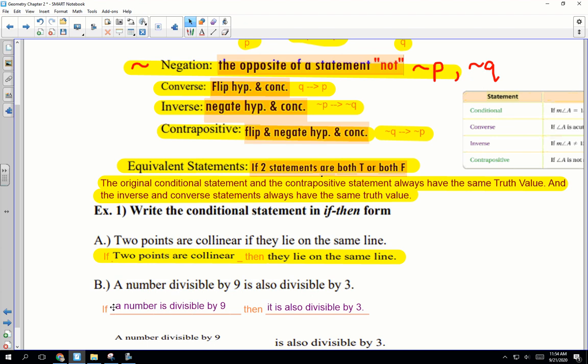So now we can say: if a number is divisible by 9, then it is also divisible by 3. When you create your conditional statement, feel free to add in the proper connecting words so that it makes sense.